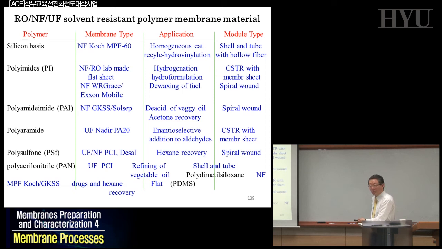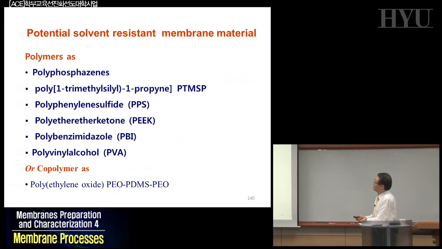So organic separation is a hot area in the membrane industry, but it's of course very difficult, and you have to customize the applications. Other potential solvent-resistant membranes could be PTMSP, PPS, polyphenylene sulfide, PEEK, PBI, and PBA, and so on, and copolymers of those. And of course, polymers could be utilized as a solvent-resistant membrane.